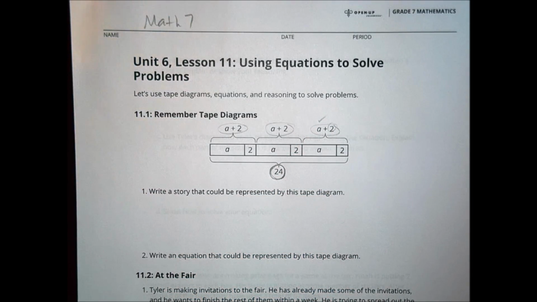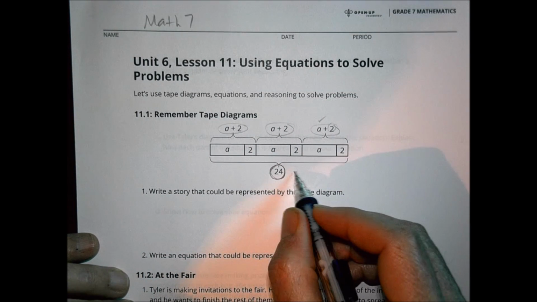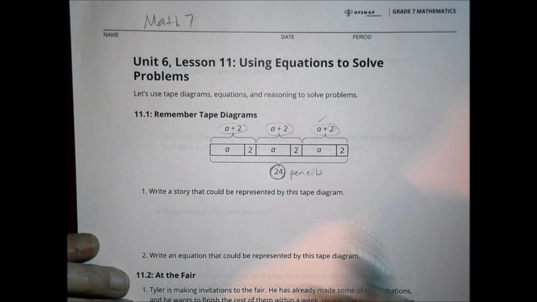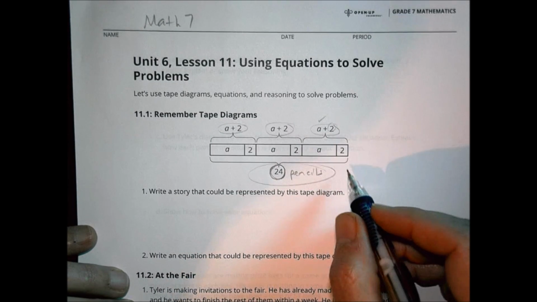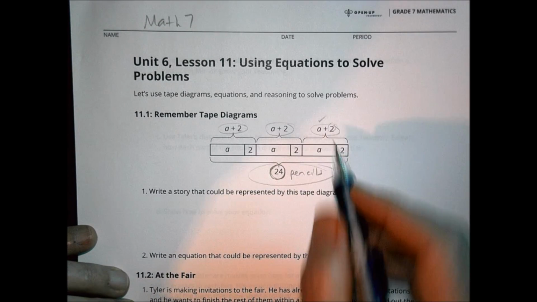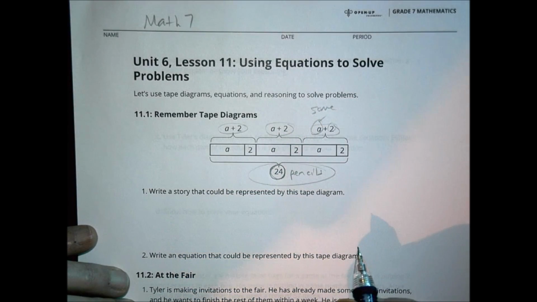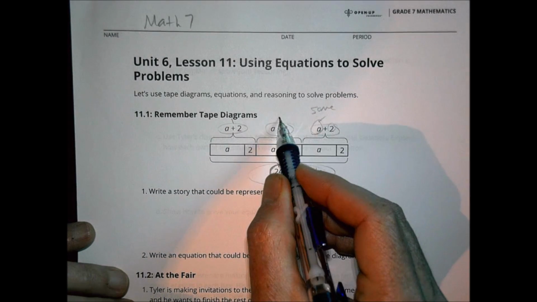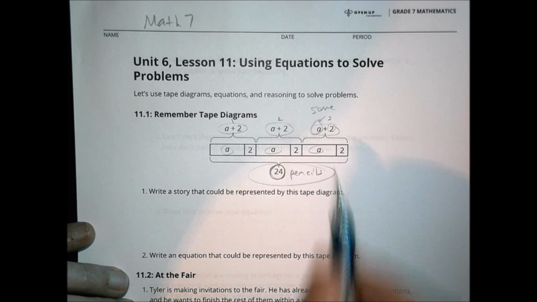So if I had to tell a story, I can make up a story something like John has 24 pencils. He takes those 24 pencils and he gives some pencils, we can call the sum the A, to each of his 3 friends, friend 1, friend 2, and friend 3.